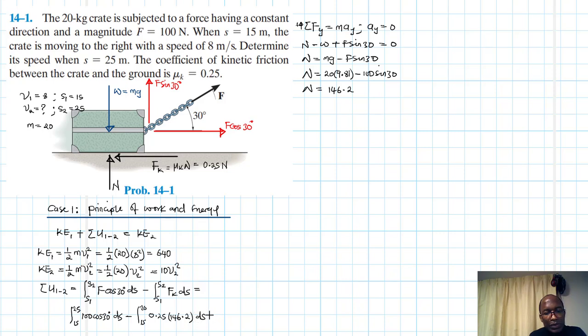When we integrate that, we'll have 100 cos 30 minus 0.25 by 146.2, times 25 minus 15.